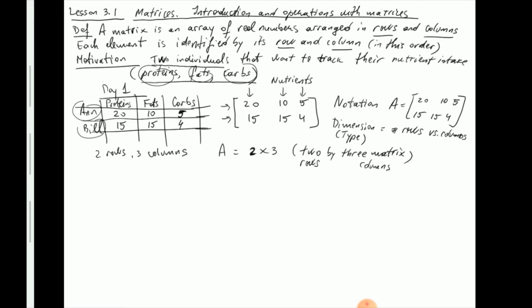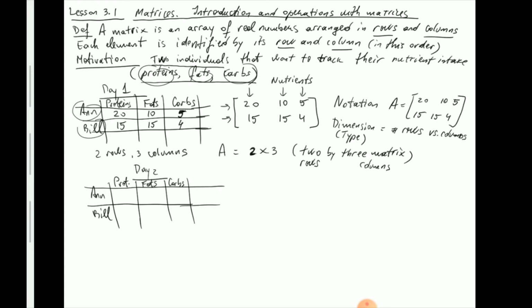And if we follow this example, let's say I look at day 2 of the same type of information. In that day, let's say Anne and Bill will have a different setup of the nutrients intake. So again, these are proteins, fats, and then carbs.